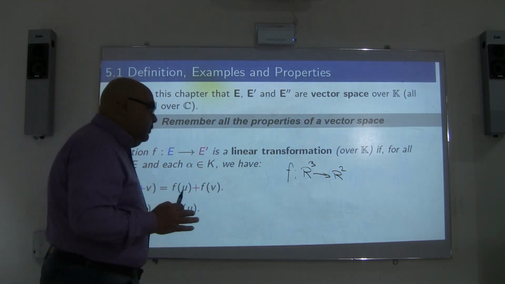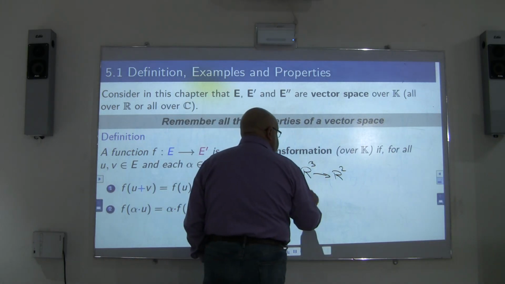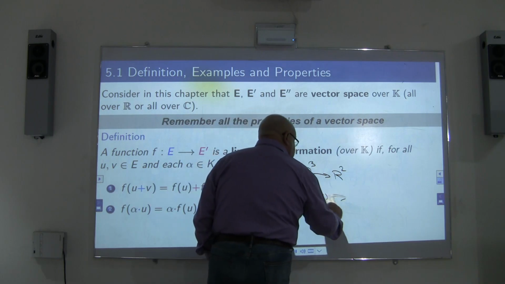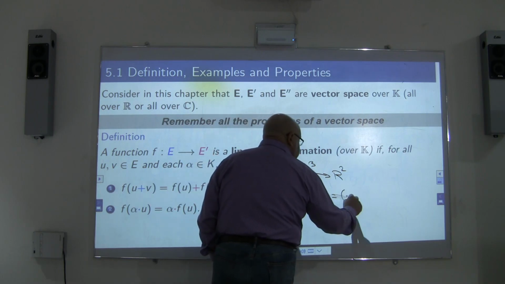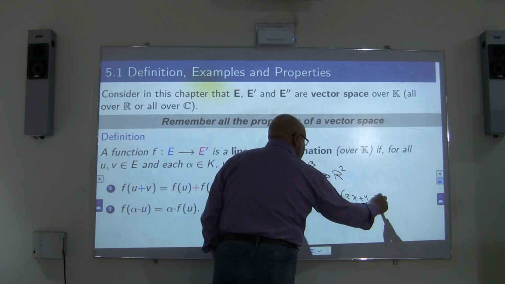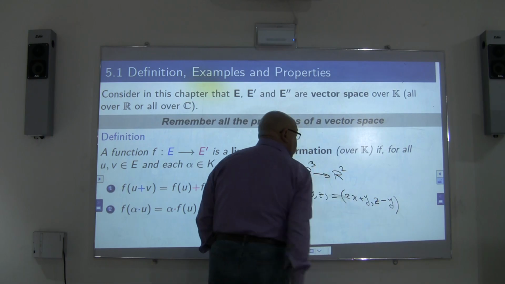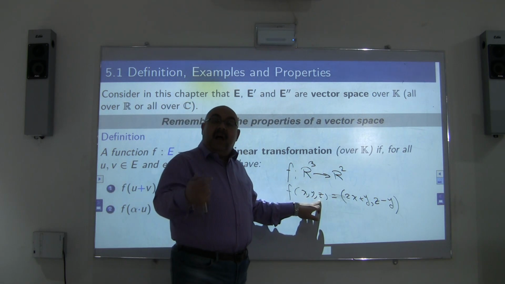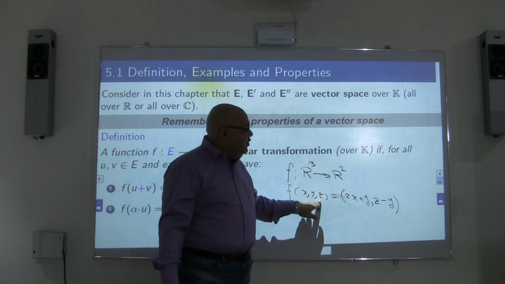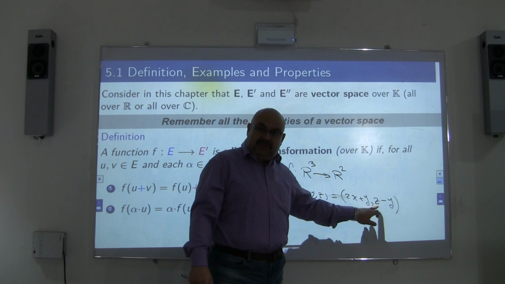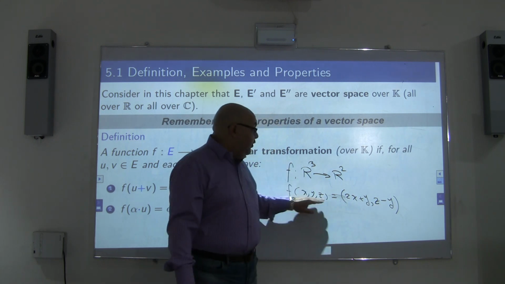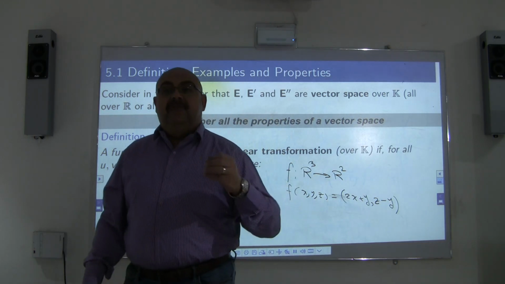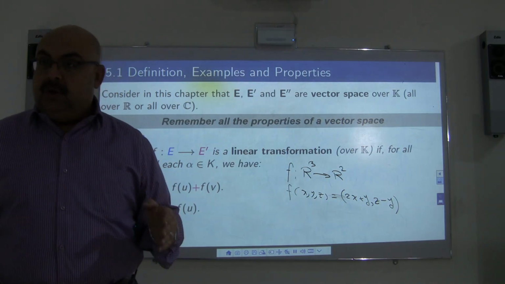For example, if an element of R3 is x, y, and z, after mapping, the function of x, y, and z will result in, let's say, 2x plus y and z minus 1. So actually, I will take elements x, y, and z, and I will map them into the form of 2x plus y and z minus y. So now I'm moving from R3 into R2. That's the function, which is the meaning of a linear transform from R3 into R2.